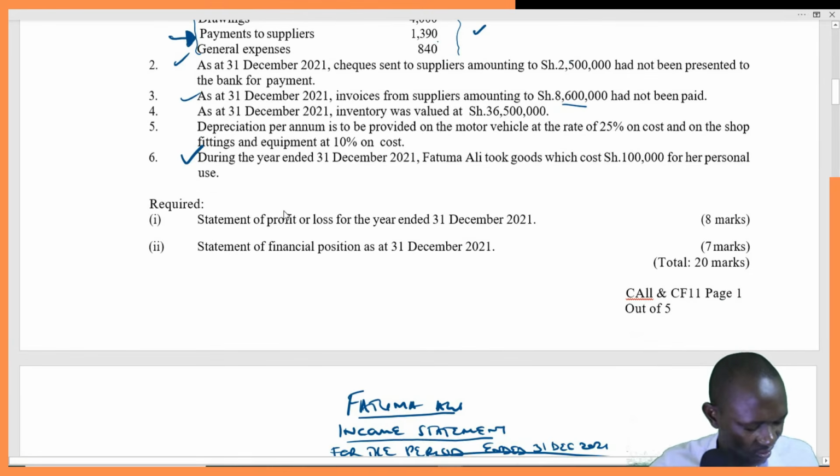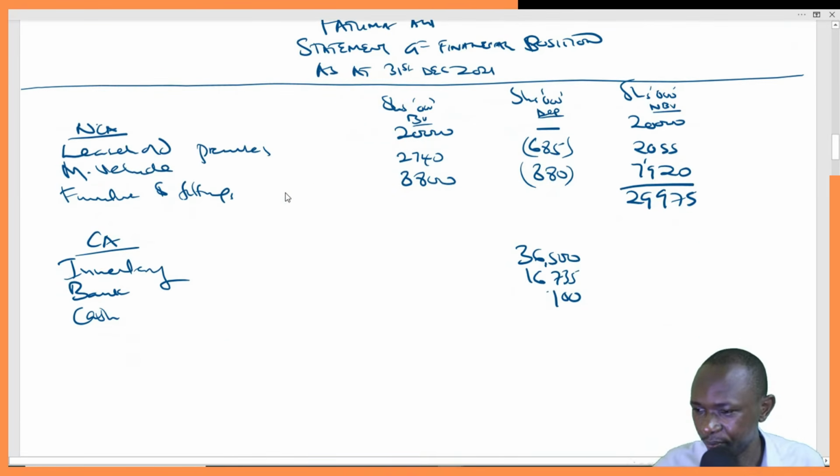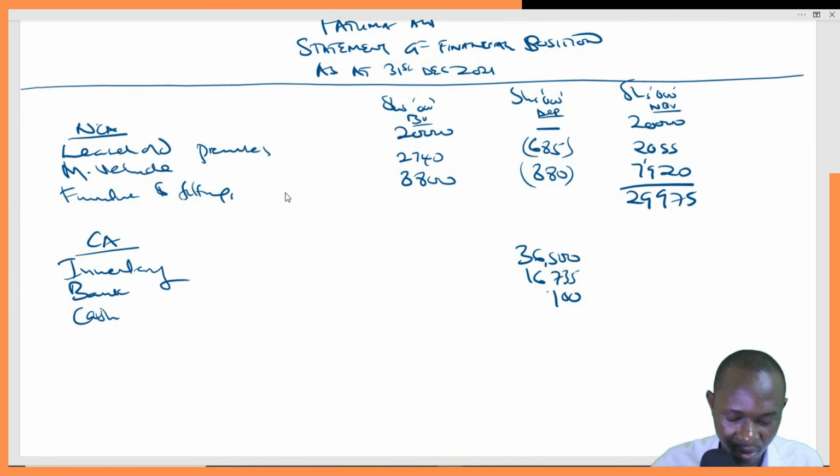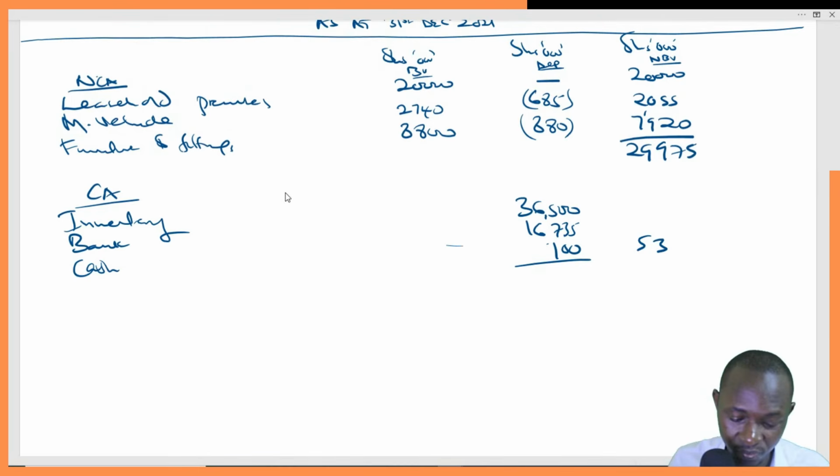I doubt if there's anything else, so let's get the total. This is 36,500 plus 16,735 plus 100, which gives us 53,335. Then we can go to current liabilities.